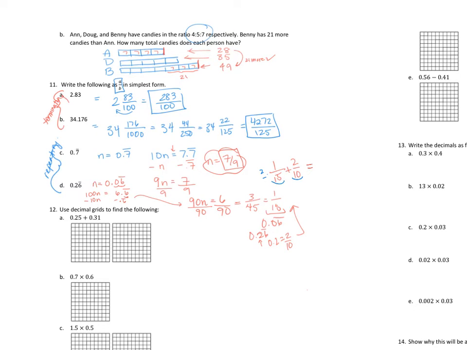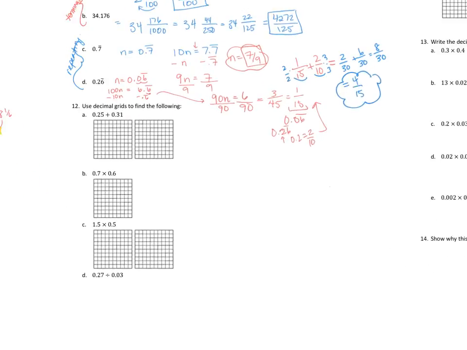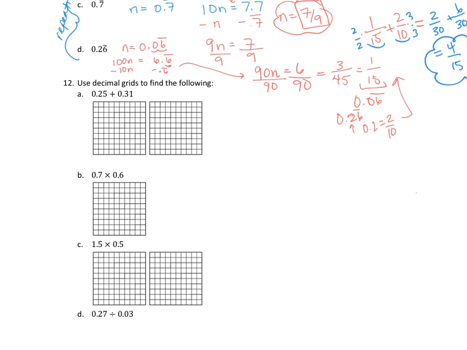So this will multiply by 2, and this will multiply by 3. So we're going to get 2/30 plus 6/30, which is 8/30. We could reduce that by 2, that will be 4 over 15. So if we take 4 divided by 15 now, that will be 0.26666 repeated. And we got it.